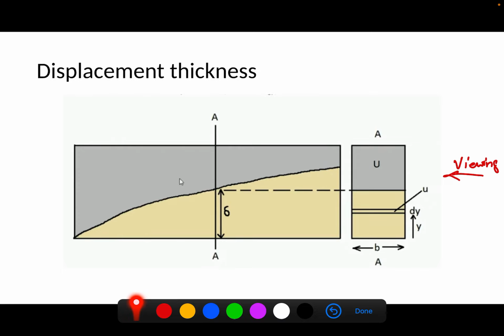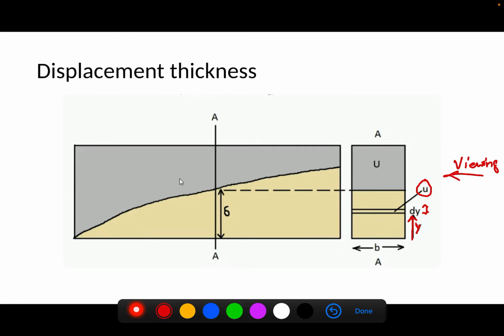I am considering a small strip of thickness dy, at a distance y. Through that strip, flow is coming out at velocity u.